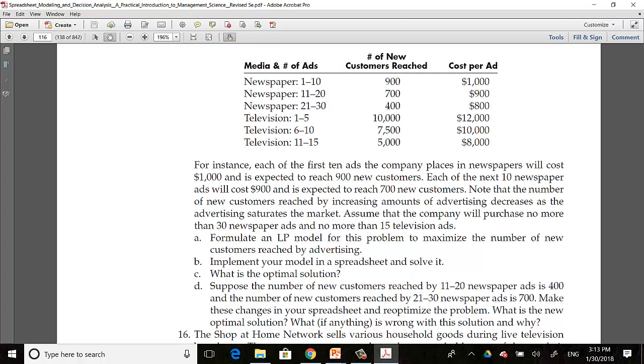If these two switch, then the efficiency will change, and Solver is going to want to do N3 before N2. So you will get N1 equal to 10, N3 equal to 10, but N2 will be 0.